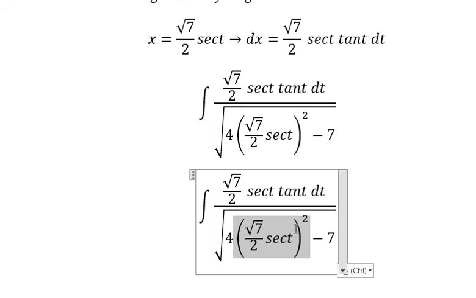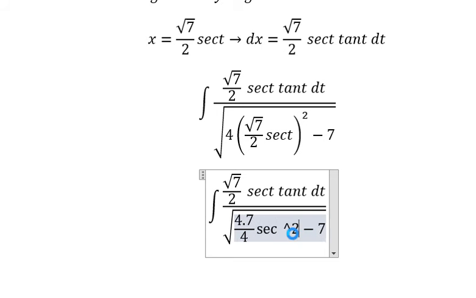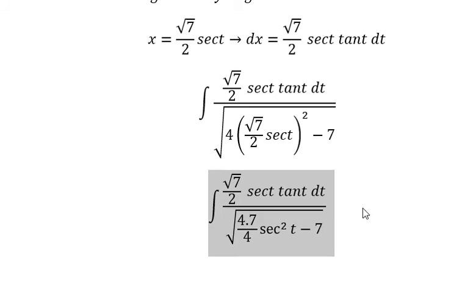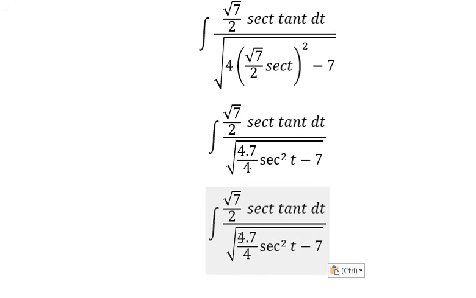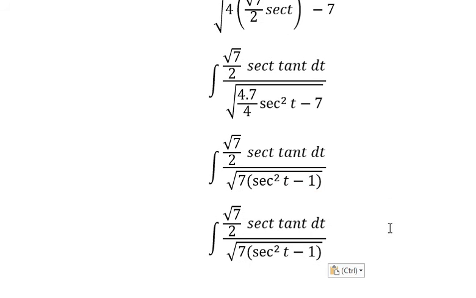So this one we get 7 over 4 secant of t square. Number 4 we simplify. Number 7 and number 7 we can do factorization. And this one we change for tan t square.